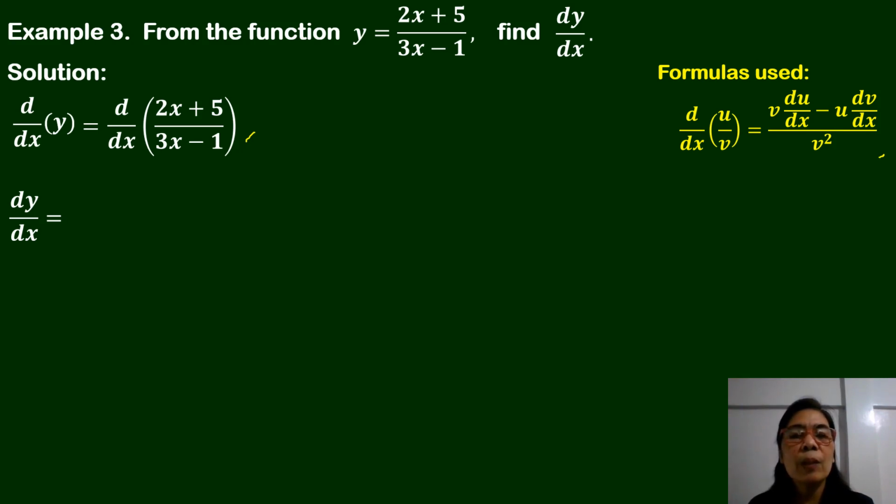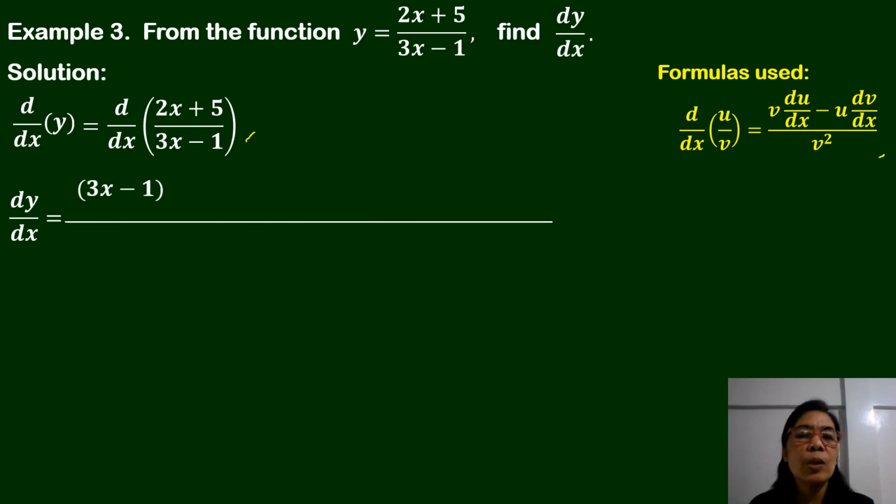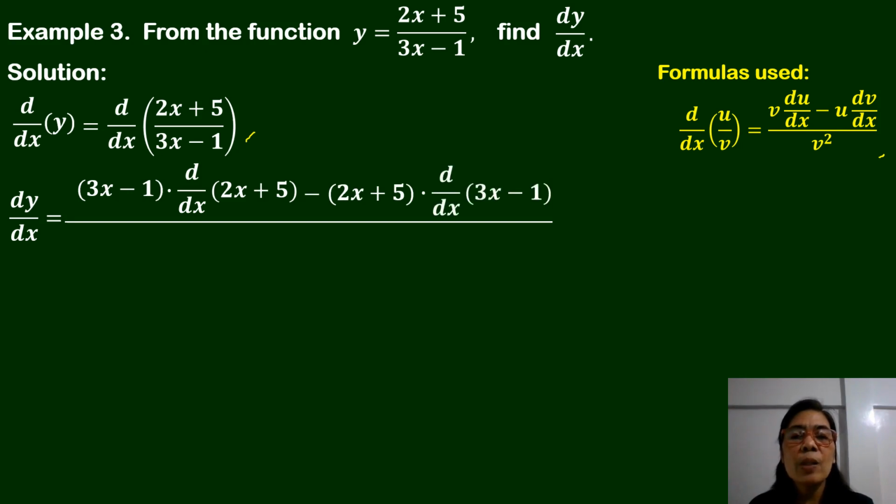So we have the derivative of quotient is equal to, you draw the main division line. Then we start with the denominator, which is 3x minus 1 times the derivative of the numerator minus the numerator times the derivative of the denominator all over the square of the denominator.